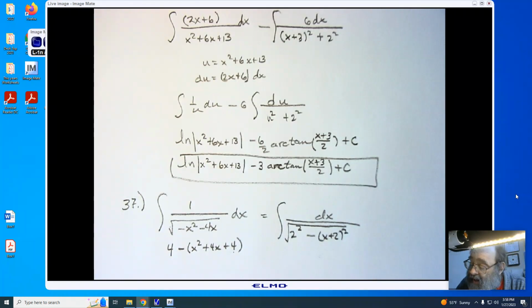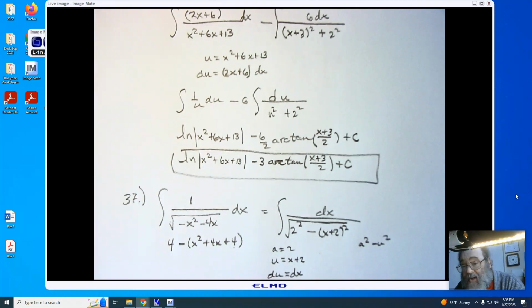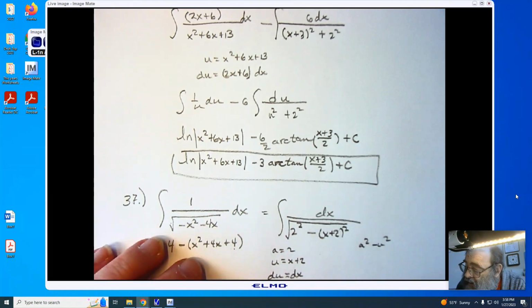And once again, it is an indefinite integral. So if I let u equal x plus 2, a is going to equal the 2. The pattern is a squared minus u squared, and my du is dx. So I can directly substitute my various pieces so that I can simplify it.